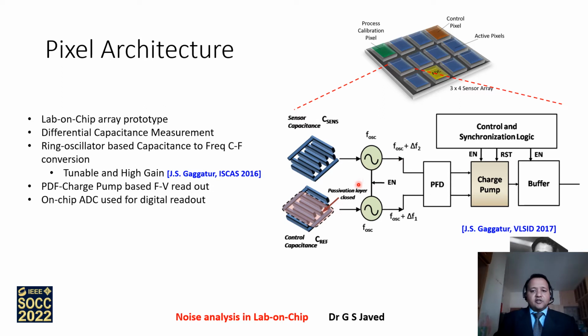This is tunable and has high gain. A PFT charge pump based frequency to voltage conversion is used for readout, and the on-chip ADC, which is common to all the pixels, helps in the digital readout of the system. So this is how each pixel is designed.